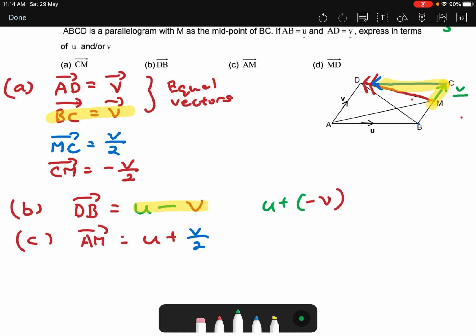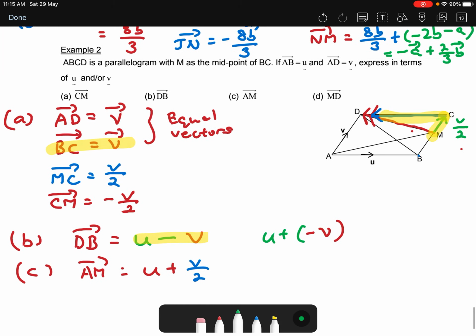MC is V over 2 that we have gotten just now. CD, I don't know CD, but I know DC using the idea of equal vectors. Although equal vectors seem very trivial, actually they can help us solve a lot of problems. So CD is right here. DC is U. So CD will be negative U.